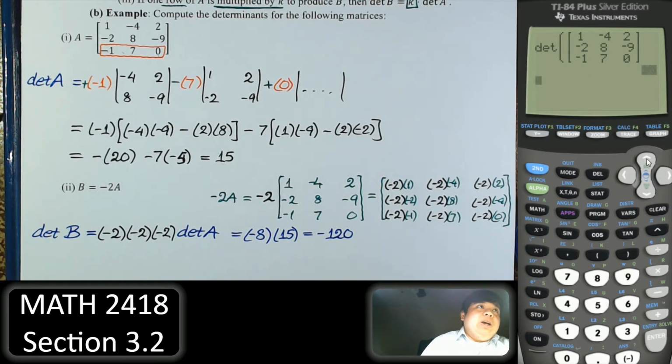Right, we can check real quick. I will insert a -2 in here. Sorry, that's a terrible way.